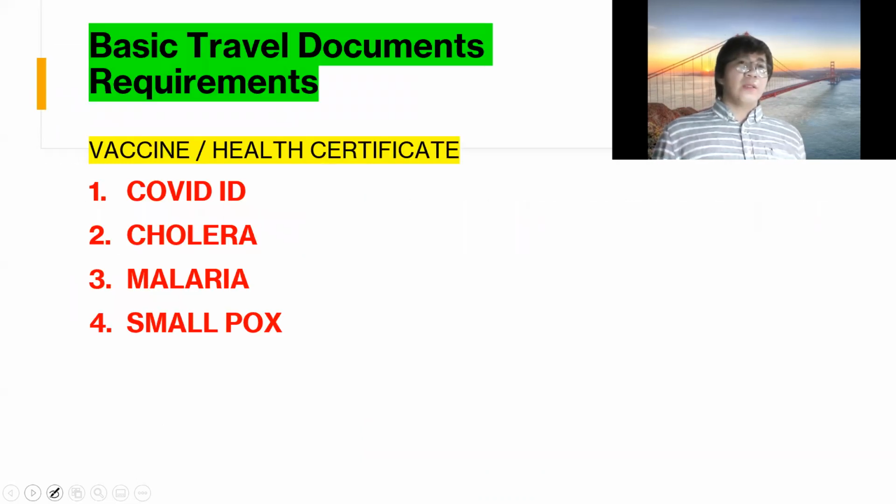Next. So aside from the visa, because of the global pandemic, we have other requirements. Valid ngayon is COVID ID. Kung wala, at least valid RT-PCR test taken within the last 24 hours.